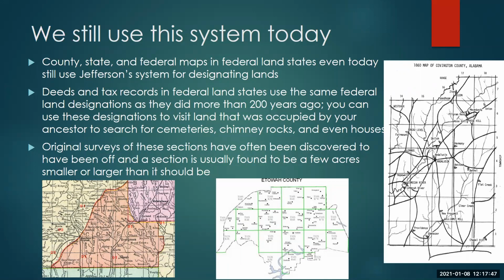And when the land was surveyed by our modern methods, it was discovered that the quarter section was not exactly 40 acres. It was 40.5 acres or 38.7 acres or something of that sort. So if the land today is not exactly 40 acres, don't worry about that. It almost never is.